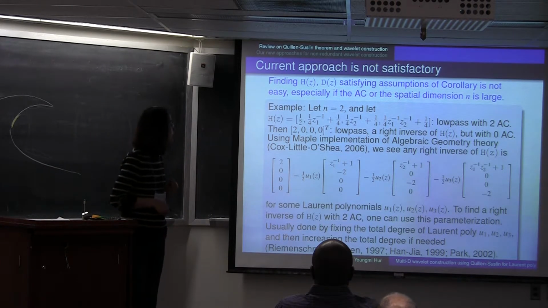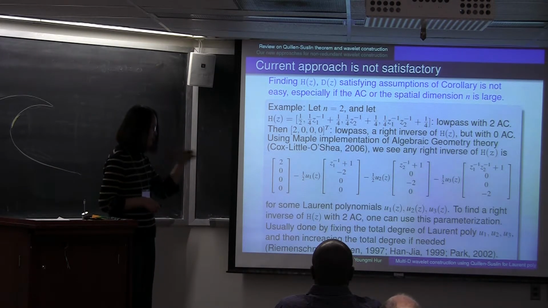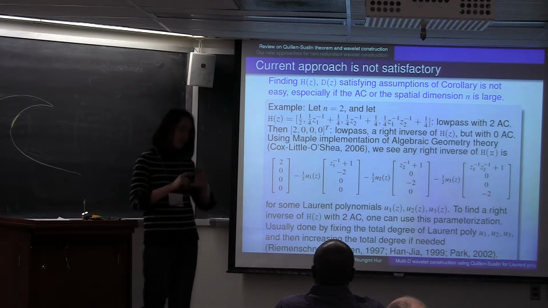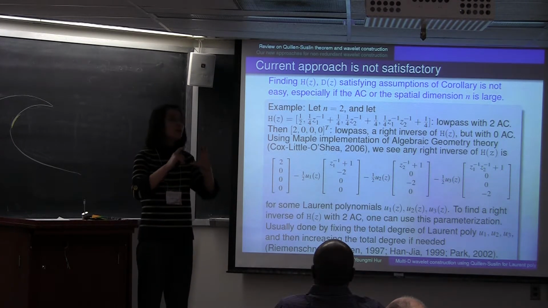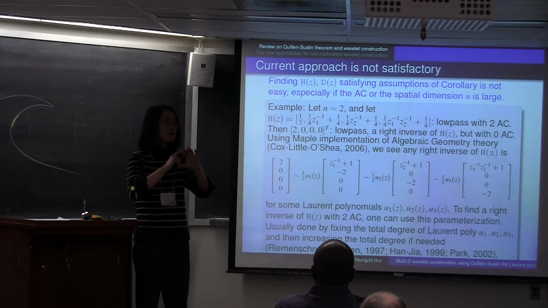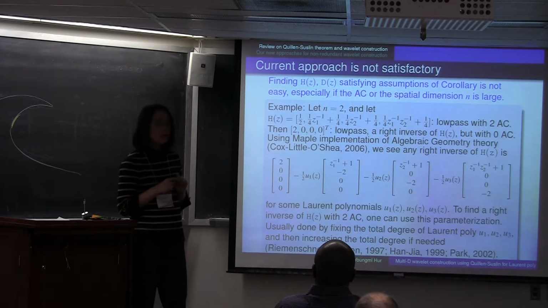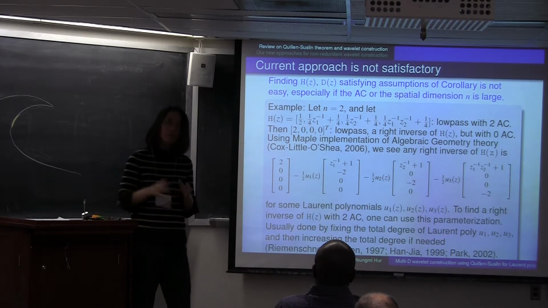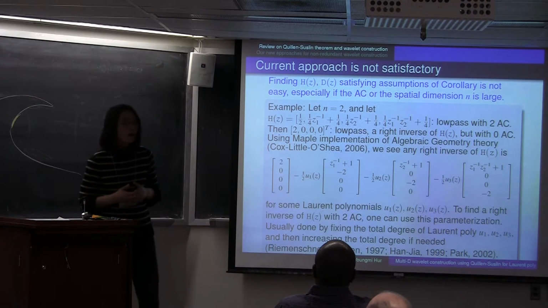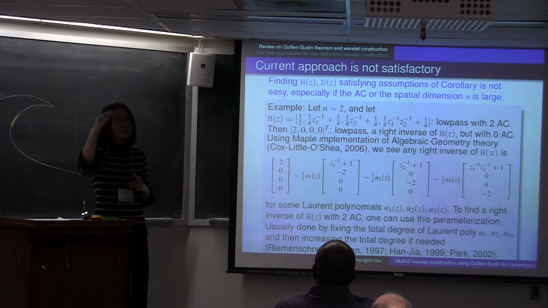For one thing, n-dimensional, when the dimension is large, what do you want to fix? You could fix the total degree, or you could fix the degree of the first variable and increase the second variable's degree, something like that.